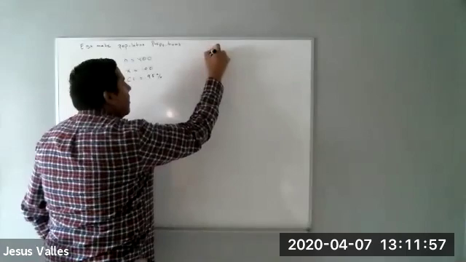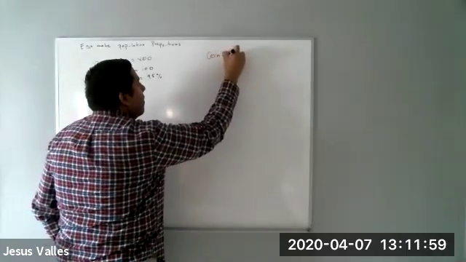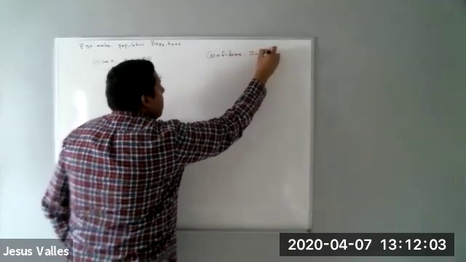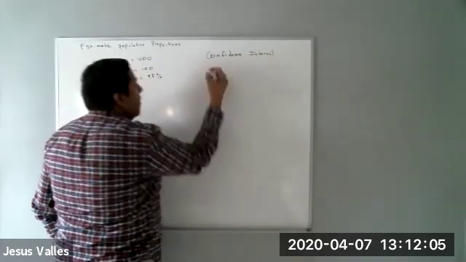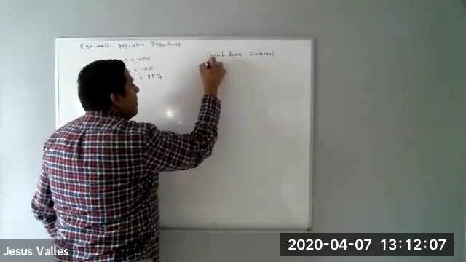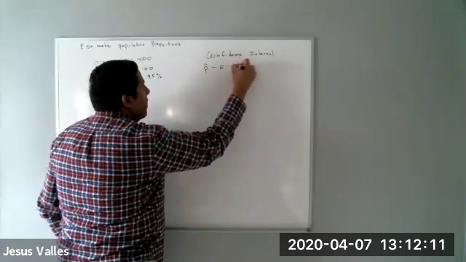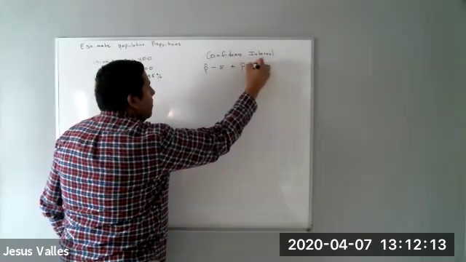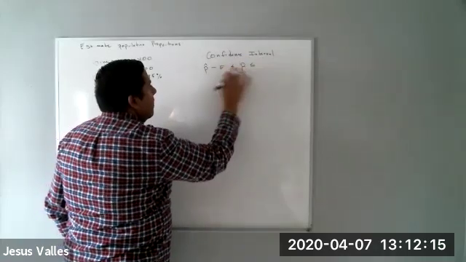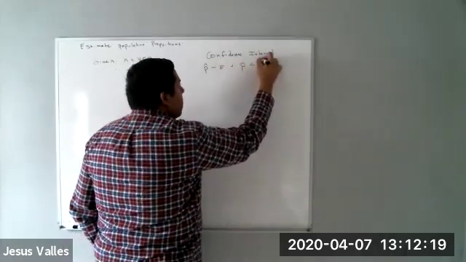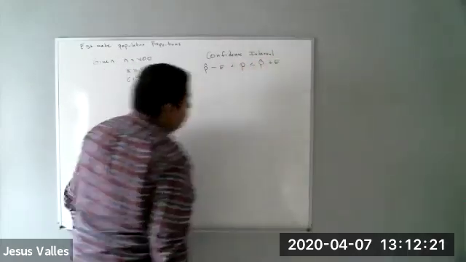To construct a confidence interval, let's see what we need. We have p hat minus the error less than p, which is what we're trying to estimate, less than p hat plus the error.